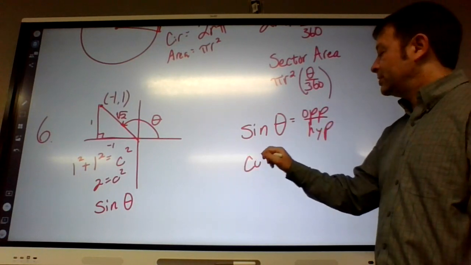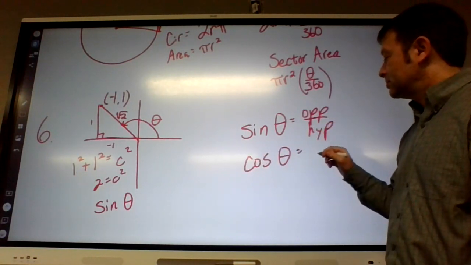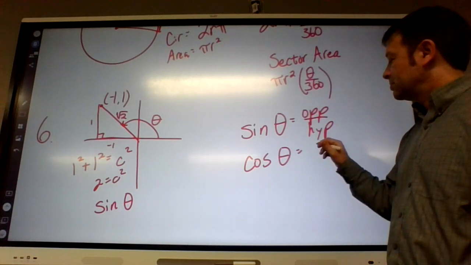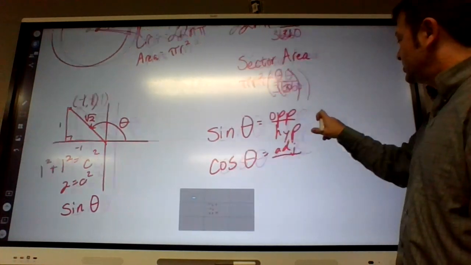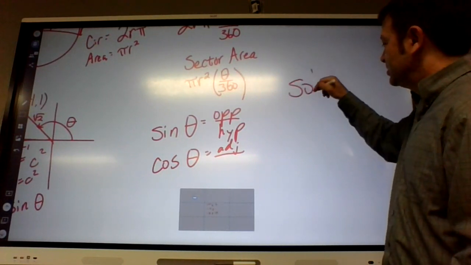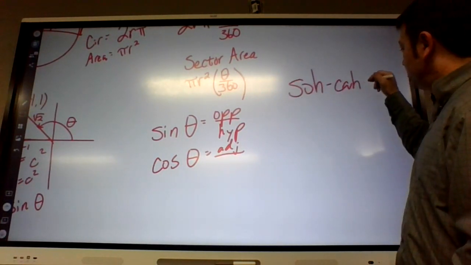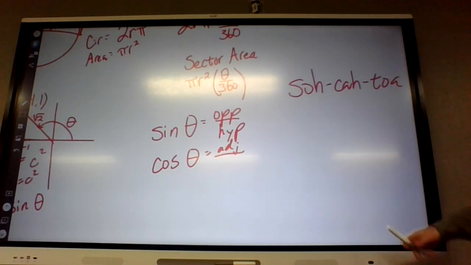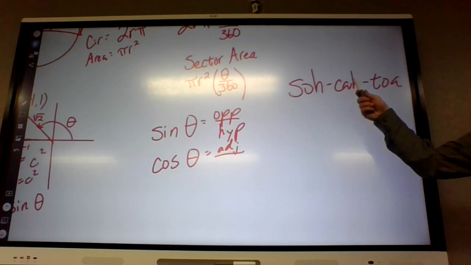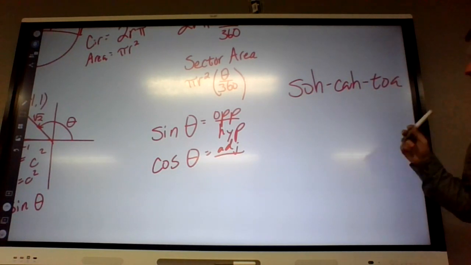Okay, cosine is, so SOH. It's been so long, maybe I should go over it all again. I mean, we talked about it a little bit this year, but not much. SOHCAHTOA: sine is opposite over hypotenuse, cosine is adjacent over hypotenuse, tangent is opposite over adjacent.